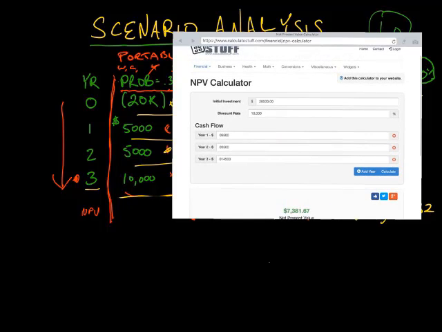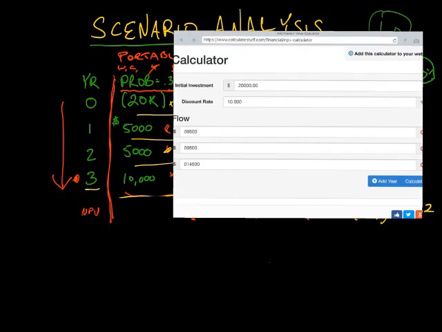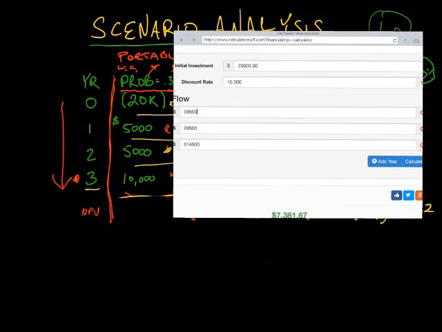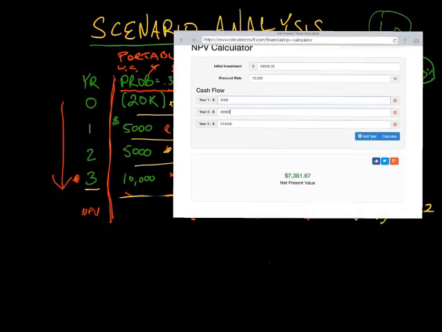We're going to use our NPV calculator, and we're simply going to be plugging in our cash flows. We already know our corporate cost of capital, which we have listed, and the initial investment, which is $20,000. Now we're just going to plug in the cash flows for the worst case scenario. Year one for that first probability was $5,000. Year two, $5,000.